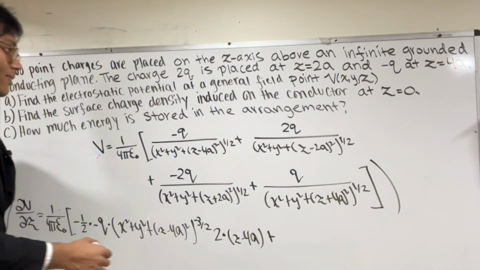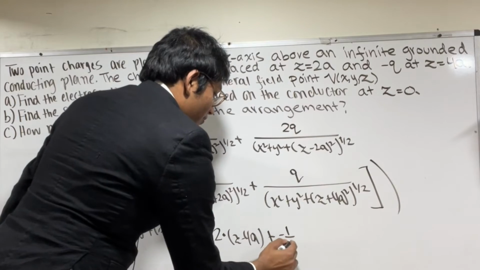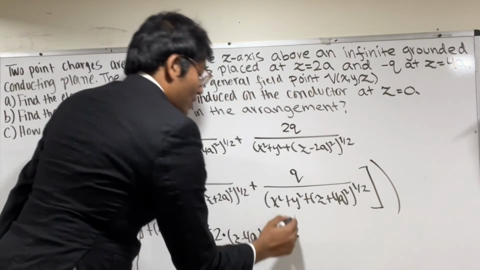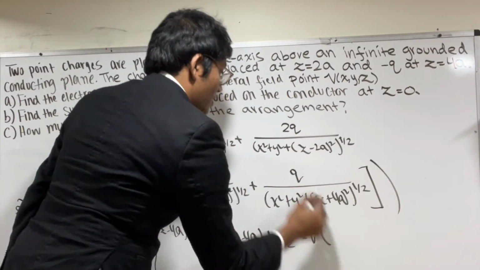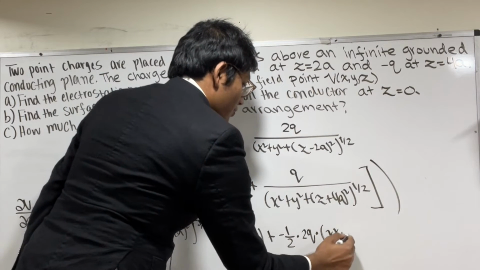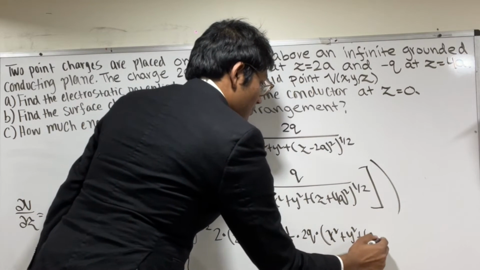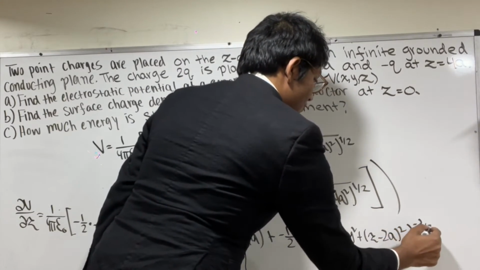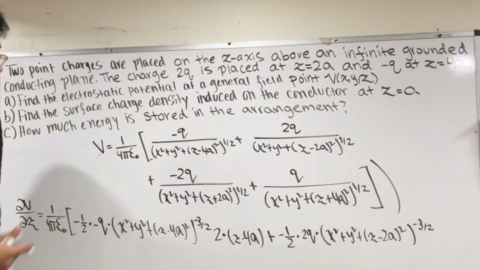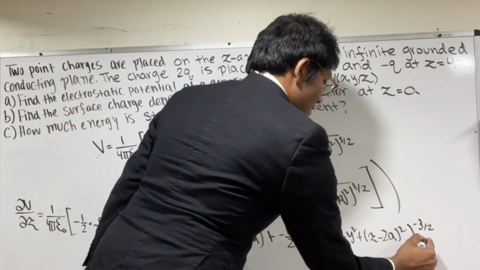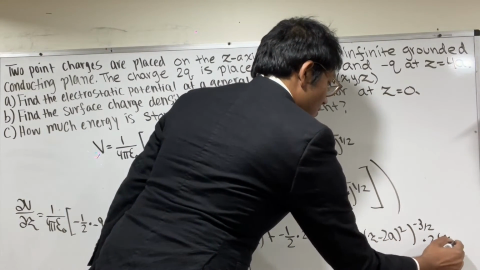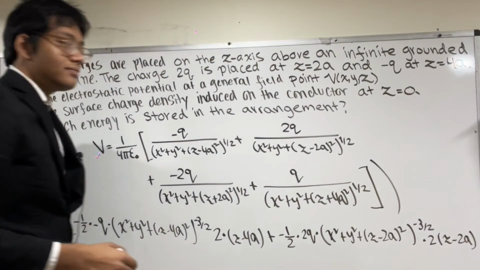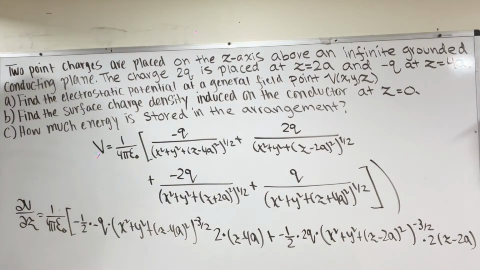So plus, again, you're going to have a factor of minus half coming out from the exponent. You're going to have this 2q. You're going to have this entire term, x squared plus y squared plus z minus 2a, squared, to the negative 3 halves. And then, because of the chain rule, we differentiate the inside to get 2 times z minus 2a. So that is the derivative of the second term.